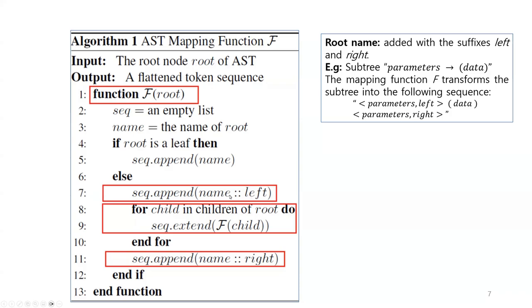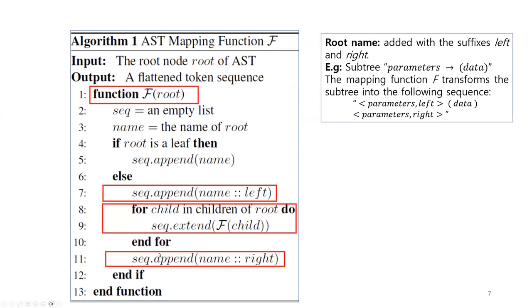When we enter the subtree, which means we are traversing all the children of the subtree. Here, we iterate through all children of the root, or through all children of the particular subtree. Then we call the function f recursively on each child.